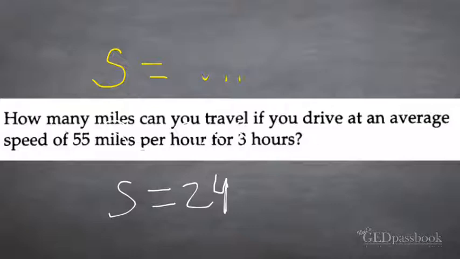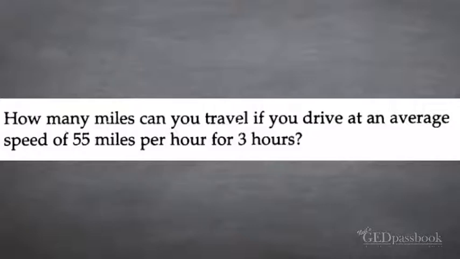So we have: how many miles can you travel if you drive at an average speed of 55 miles per hour for 3 hours? There it goes. So this is a word problem. Is it 55 times 3?